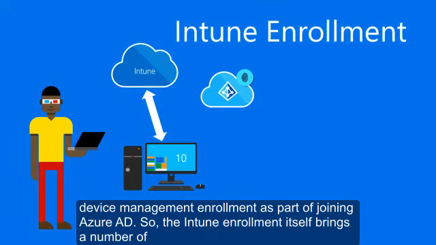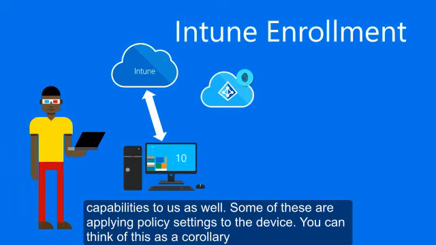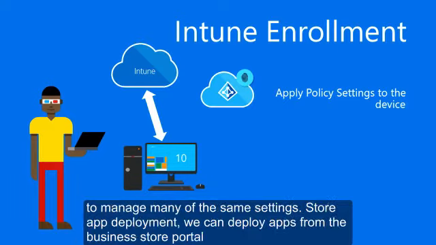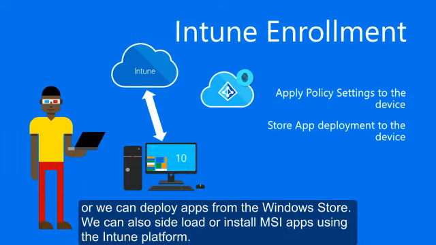So the Intune enrollment itself brings a number of capabilities to us as well. Some of these are applying policy settings to the device. You can think of this as a corollary to group policy when you're on premises. We don't have a group policy in the cloud, so we use the Intune platform to manage many of the same settings. Store app deployment. We can deploy apps from the Business Store portal, or we can deploy apps from the Windows Store.